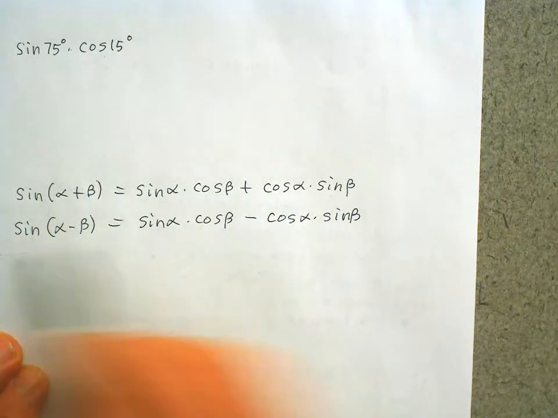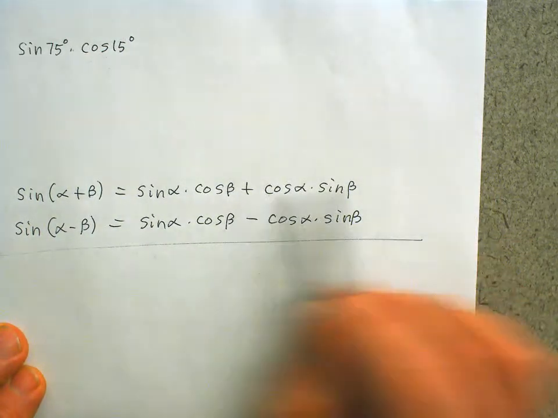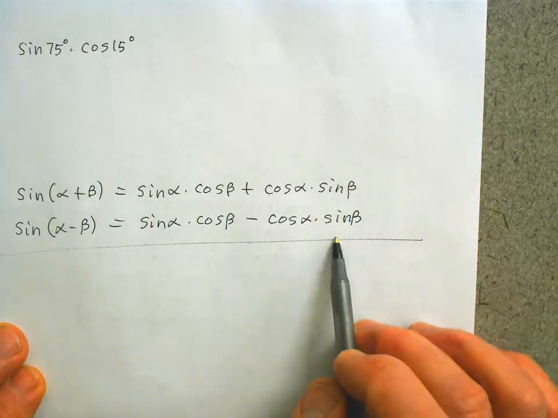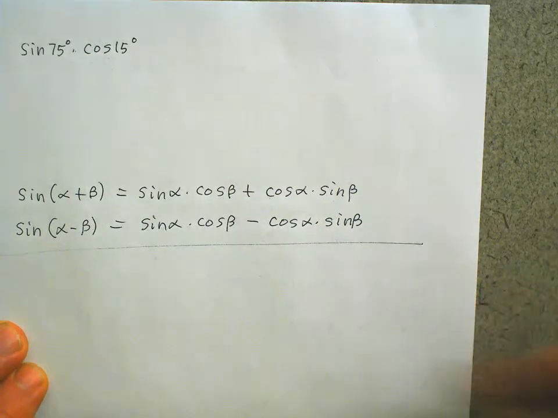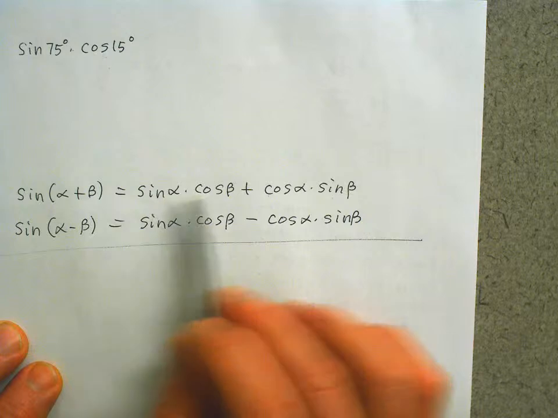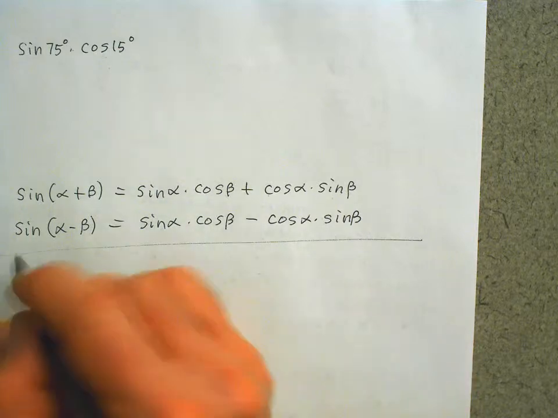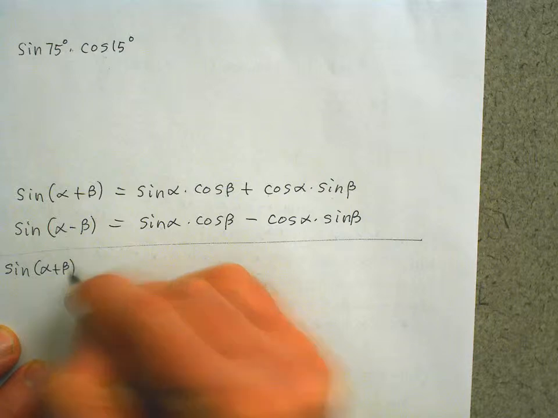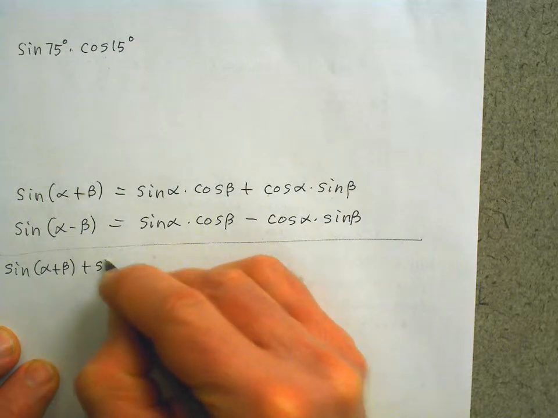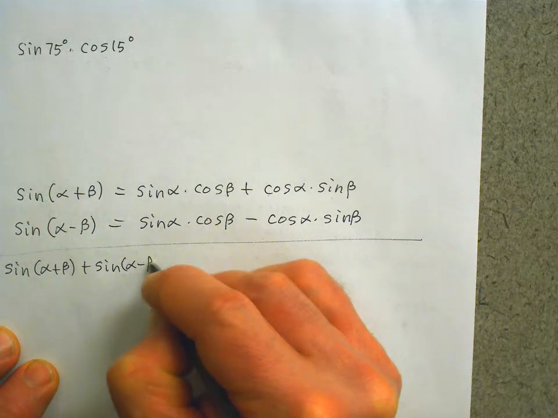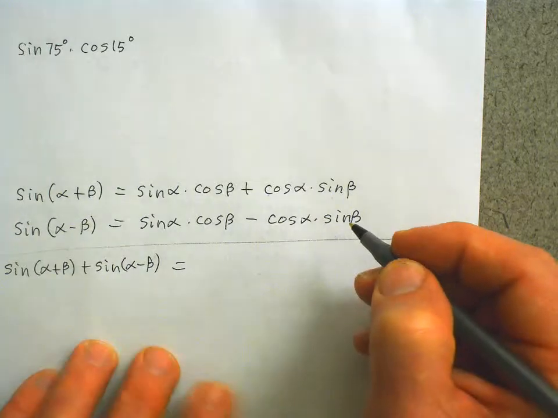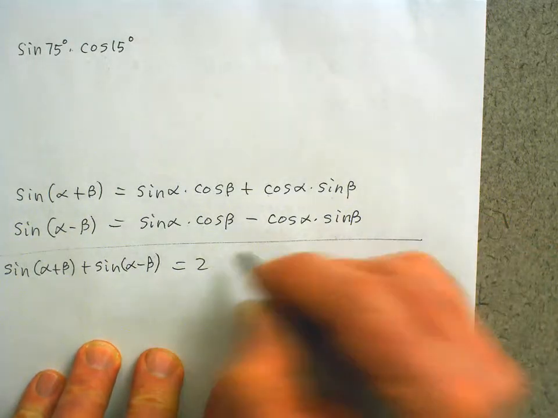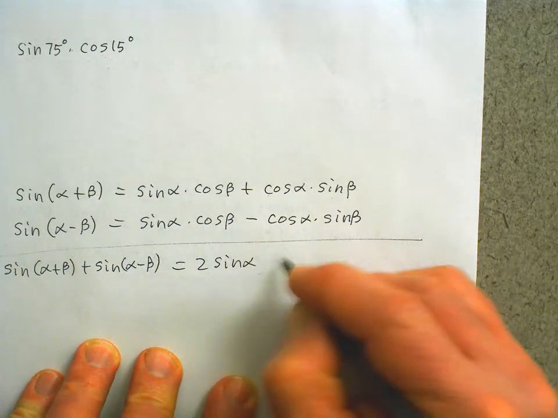If you add those, then we're going to get 2 sine of alpha cosine of beta. So we get sine of alpha plus beta plus sine of alpha minus beta equals 2 times sine of alpha times cosine of beta.